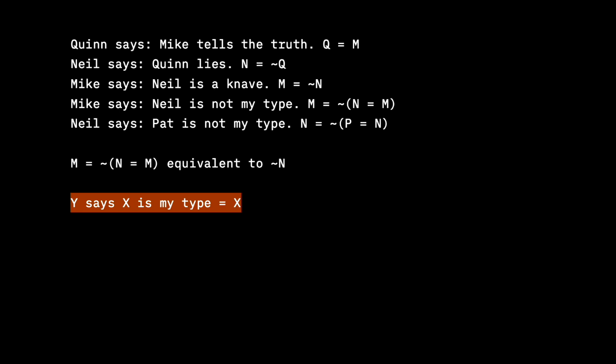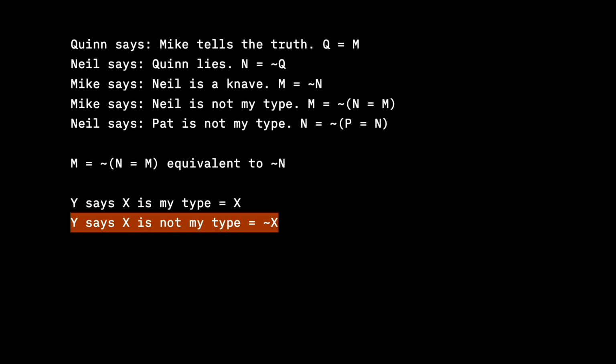So in general, if you're solving a knights and knaves puzzle and somebody Y says X is my type, that just gives you for free the information X. You can just write down X is true, it's guaranteed to be true just from that. It doesn't matter whether this Y person is a knight or a knave or whatever. So whenever you see is my type, use that information straight away.